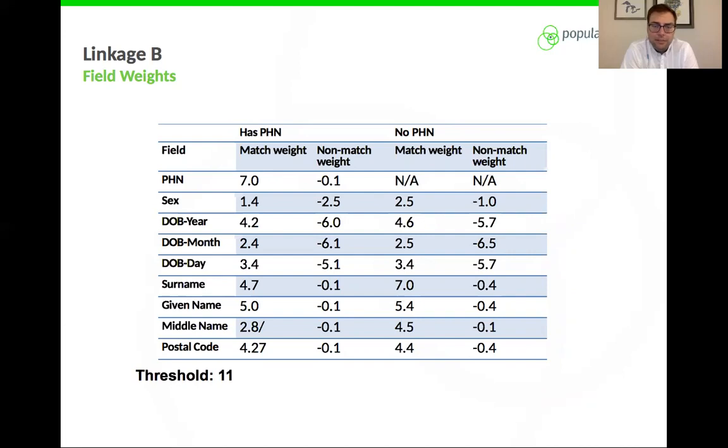One thing we found right away is that there was a big difference between the records that have a PHN and the records that don't have a PHN in how well they linked. And so we decided right away to split the linkage between PHN records and no PHN records so that we could try to tease out these differences.